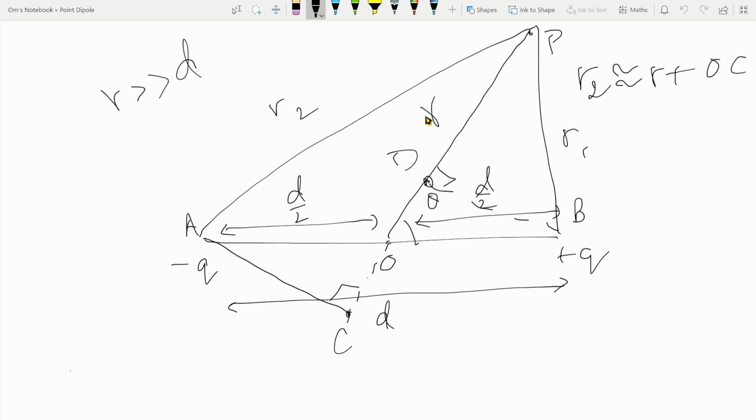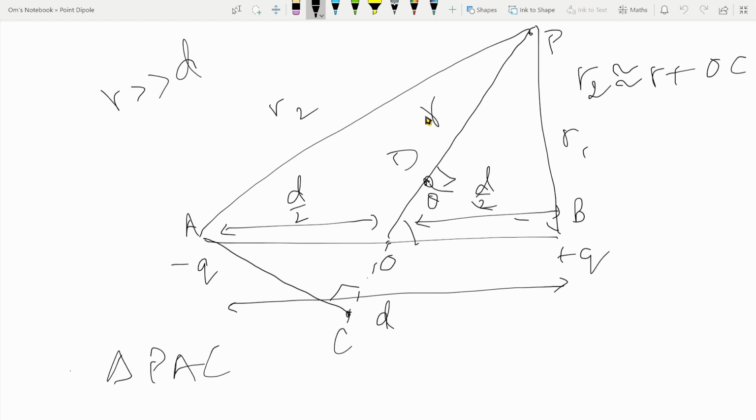Alright, so I just said that r2 is approximately equal to r plus this distance OC. But why is that the case? In order to understand that, let's look at the right angled triangle PAC. In this triangle, AP is the hypotenuse. If AP is the hypotenuse, then we know that AP cos theta would be the side CP.